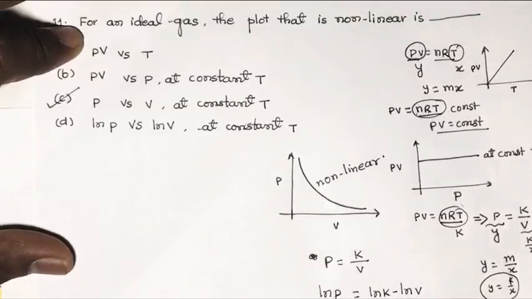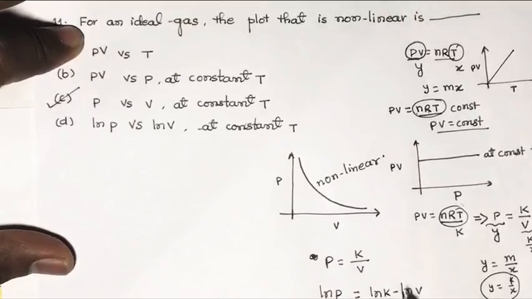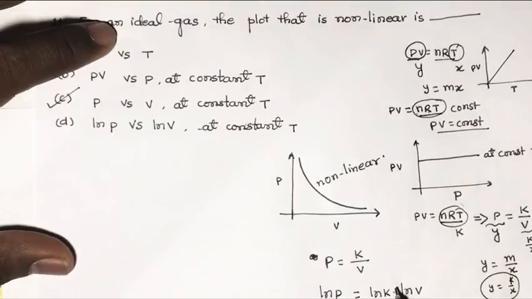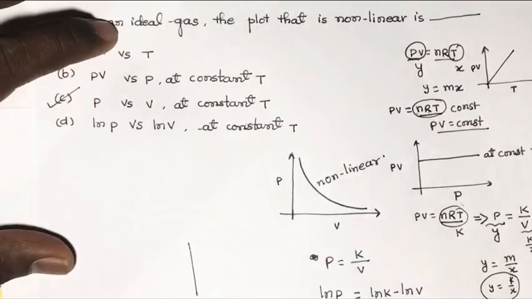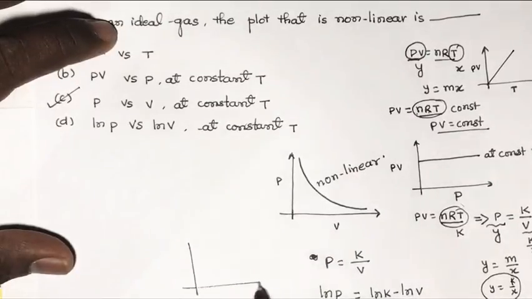If this is Y, then this is C and this is M into X. So the slope will be -1 definitely, because this is -1 into lnV.